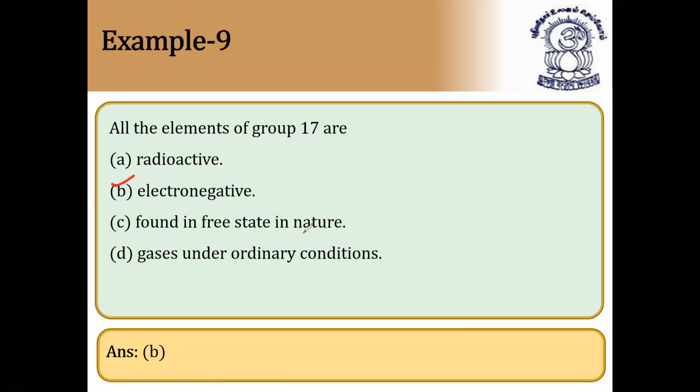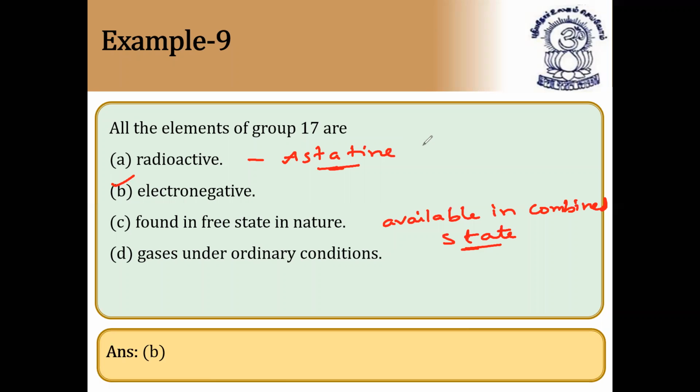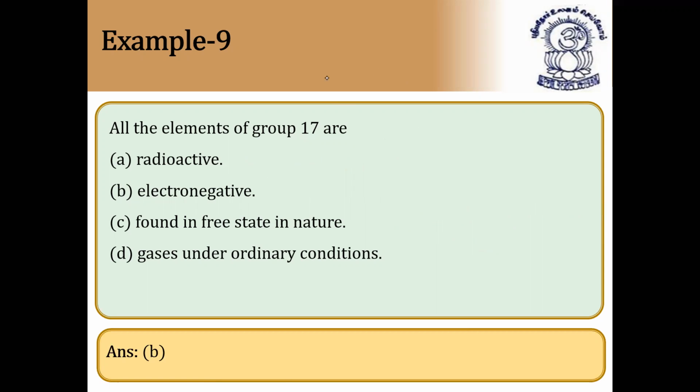And found in free state, no, they are available only in combined state, in the form of salts, because of their high reactivity. In free state we have very few elements like gold. Electronegativity is correct, and radioactive, only one element is radioactive, that is astatine. In 17th group, only astatine is radioactive, remaining all are electronegative. I hope it is clear. Next question.